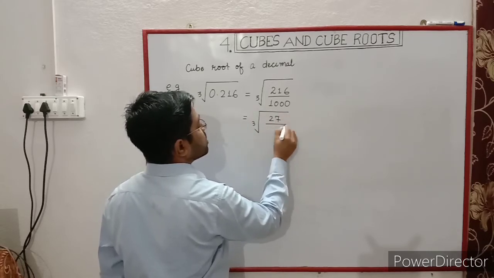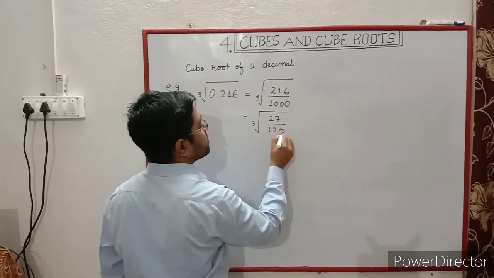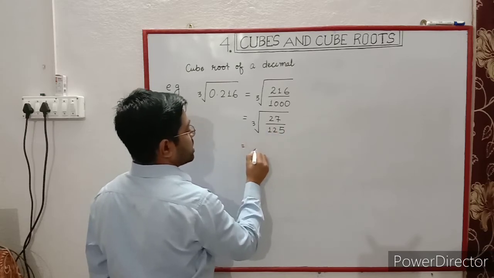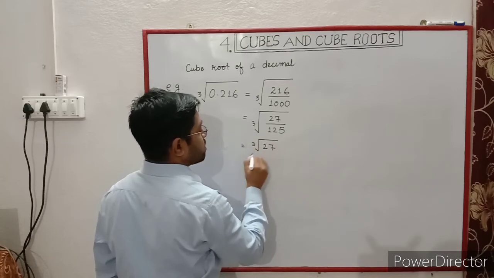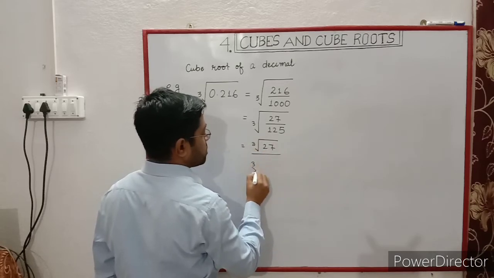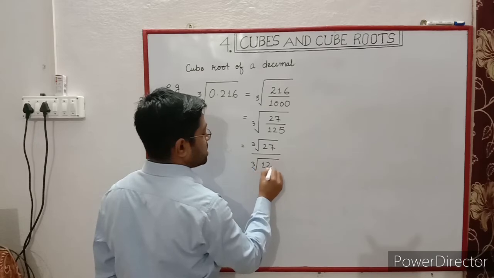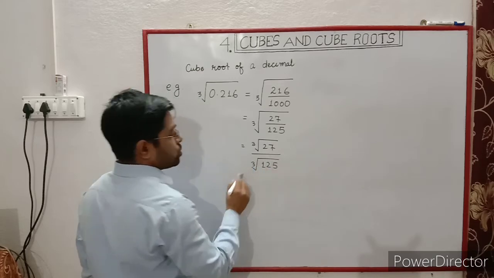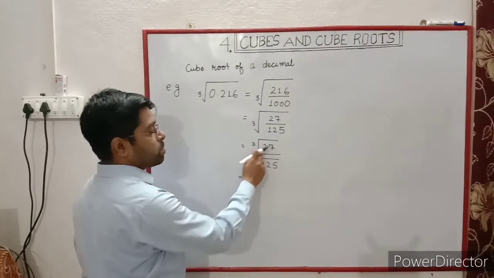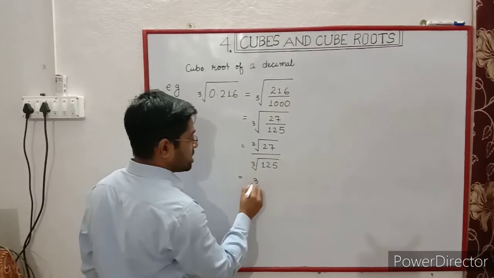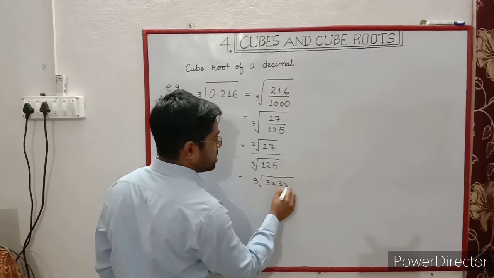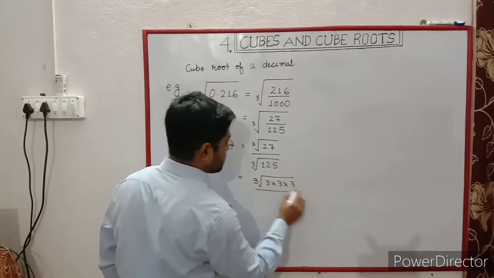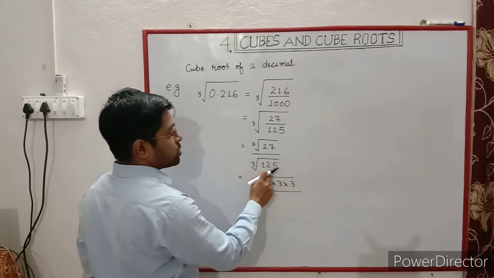So cube root of 27 by 125. Now we can write here cube root of 27 by cube root of 125. Now 27 expressed into prime factors, cube root of 3 into 3 into 3 by cube root of 125.